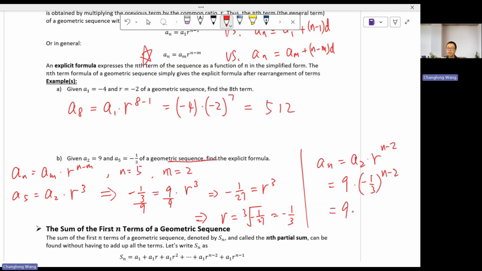And all I have to do is recall the property of exponential expressions, right? So you can separate the power, and it goes like negative 1/3 to the nth power times negative 1/3 to the power of negative 2.